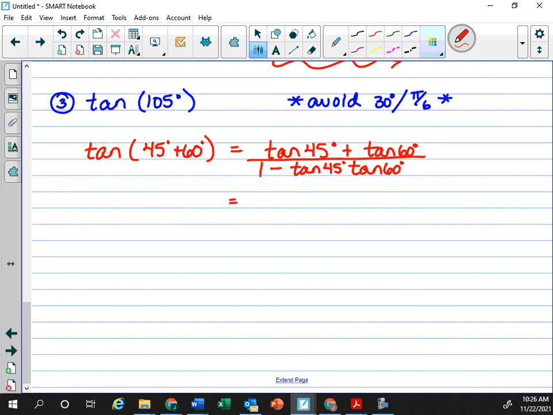Okay, tangent of 45 is 1 plus tangent of 60. Root 3, good. Over 1 minus, what am I going to have in that denominator? Yeah. You can put 1 times root 3 if you want to. I'm just going to write root 3.